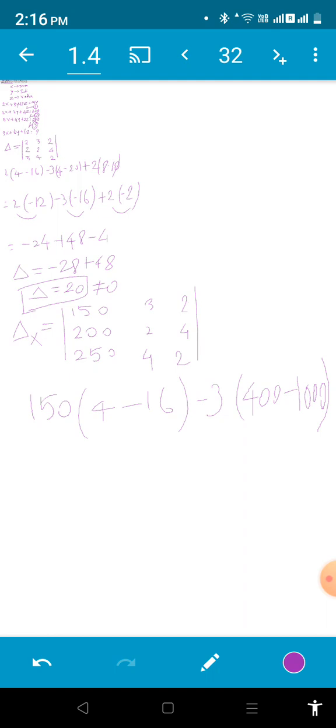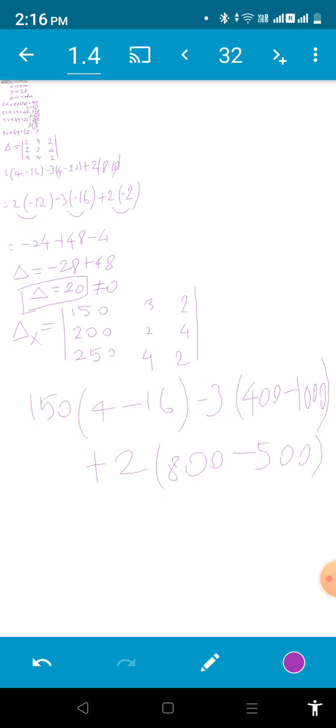Similarly, I take 2 into the corresponding row and columns, which get cancelled. 4 into 200 is 800 minus 500 is 500.